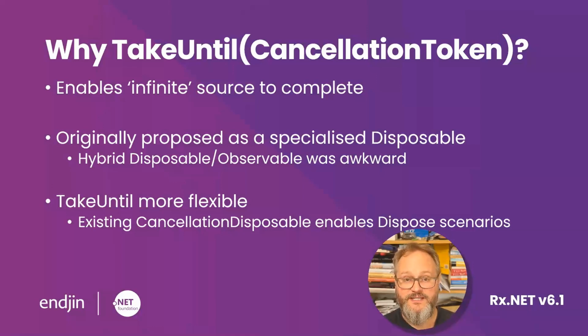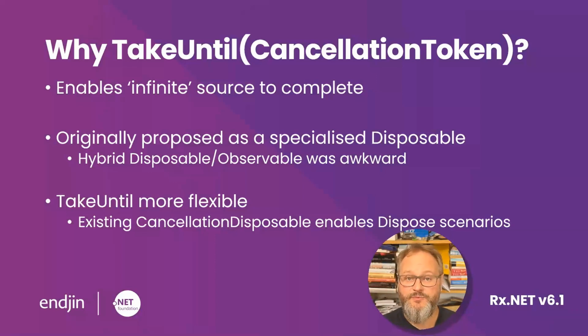The purpose of this is to enable you to take an infinite source, some source that would never complete on its own. Things like the interval timer are like this, but also the event sources that come from events in .NET. If you adapt a regular .NET event into an Rx source, it never completes by itself. And that was actually the original motivation for this, to enable those sorts of event sources to be completed.